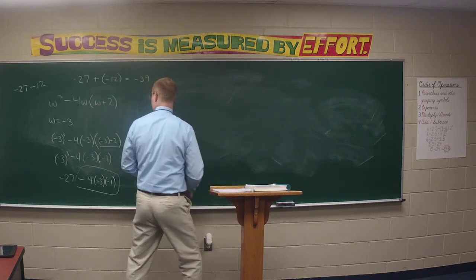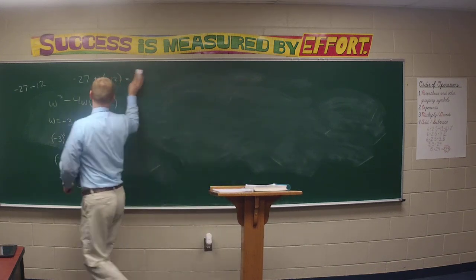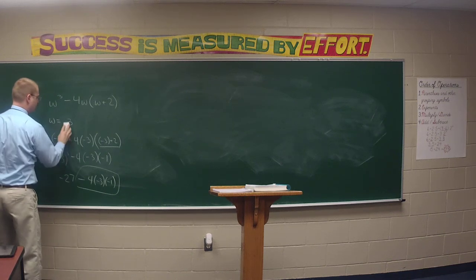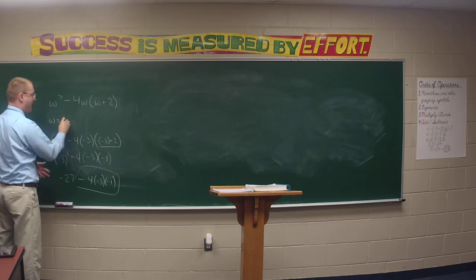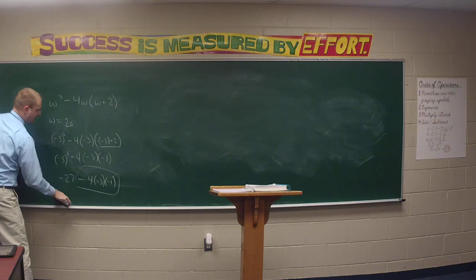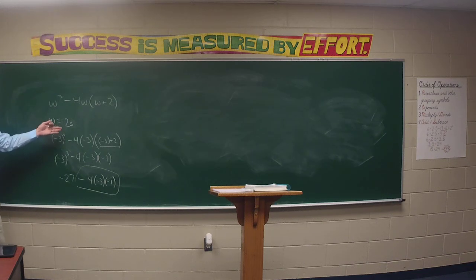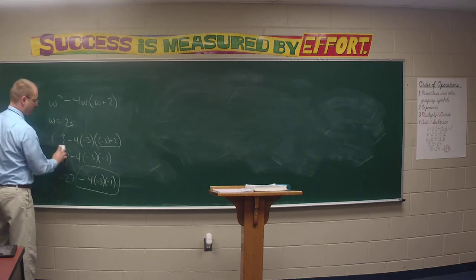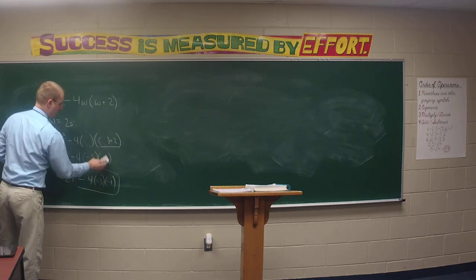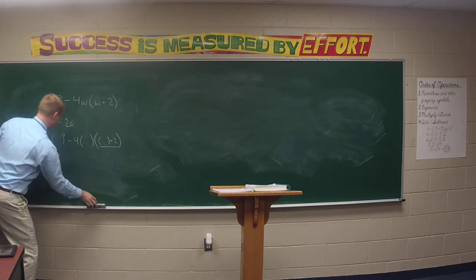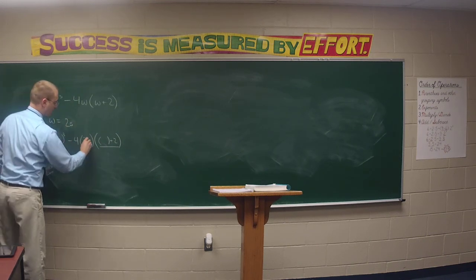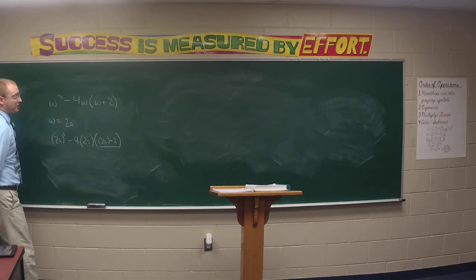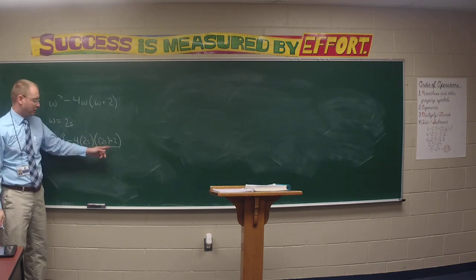Well, what if instead of w being -3, w is instead 2s? You realize you're replacing a variable with a variable expression, right? So I'm not going to get something nice, easy, and straightforward, am I? For one thing, can I combine 2s plus 2, class?